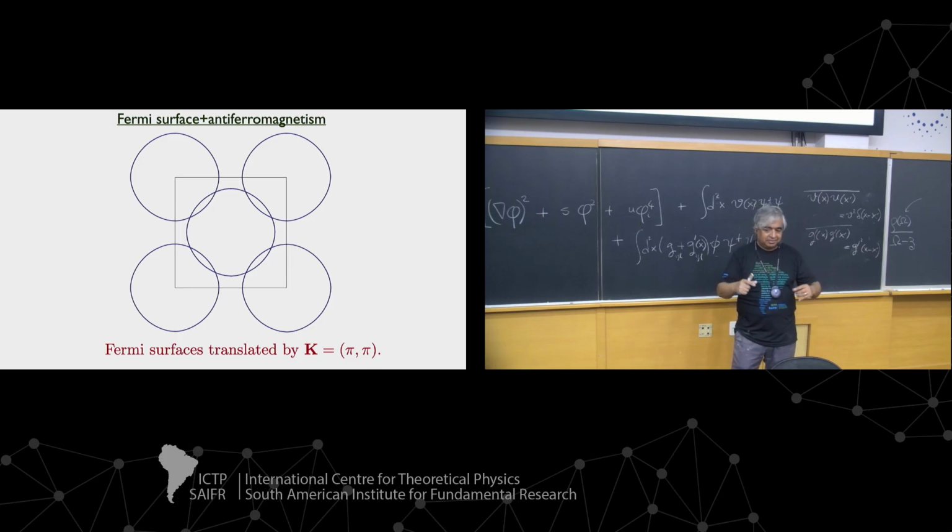Let's just look at all the zero energy electrons. So there were zero energy electrons on this Fermi surface. And when you shift them, those zero energy electrons are on this Fermi surface.